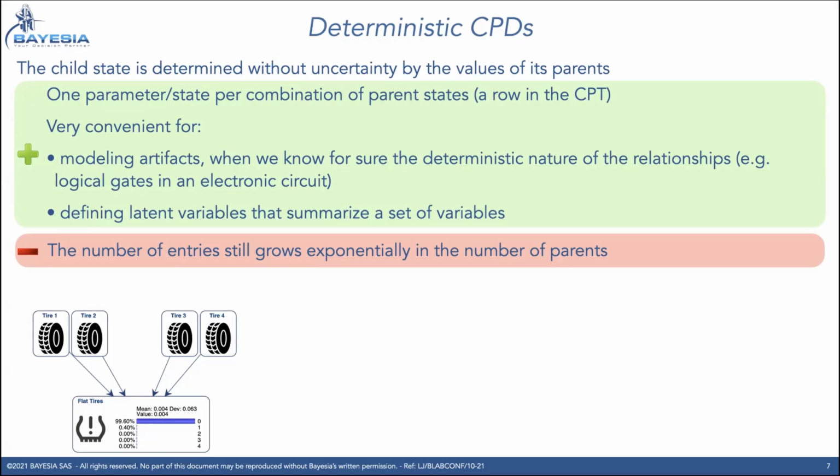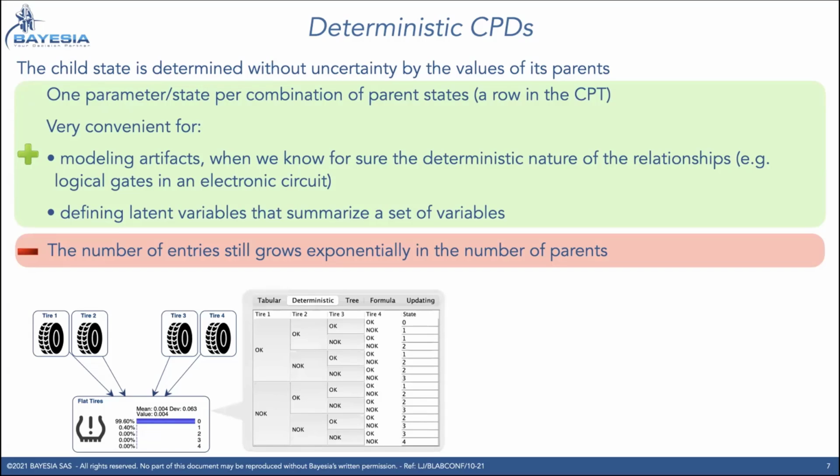So I'm just counting how many tires are flat, right? So obviously this is deterministic, and I can just say, well, when all the tires are okay, so I don't have any flat tires, it's 0. If tire 4 is not okay, so I have 1 flat tire, and so on and so forth.